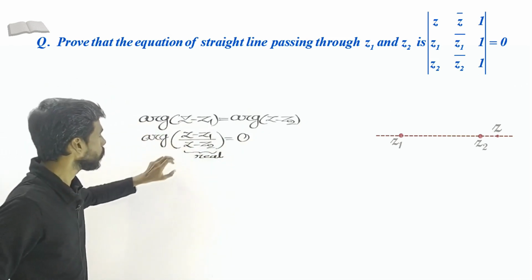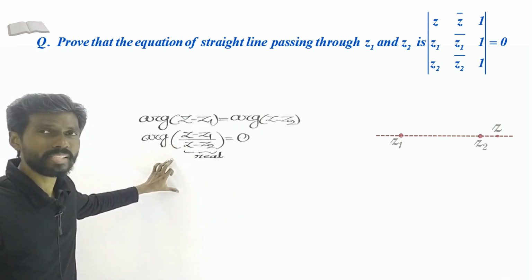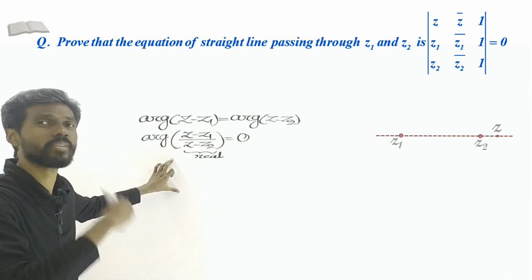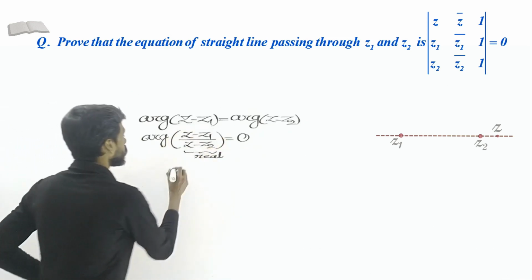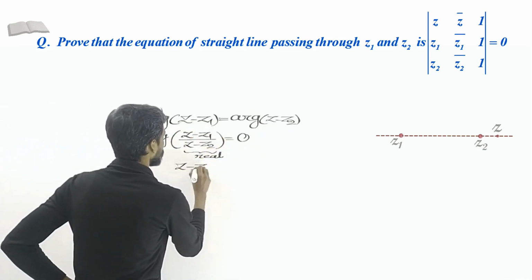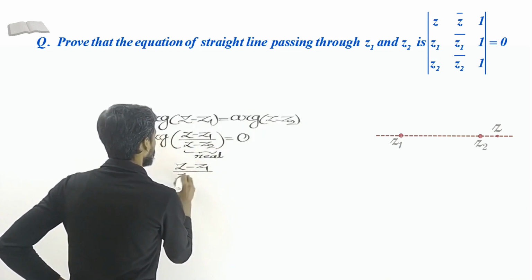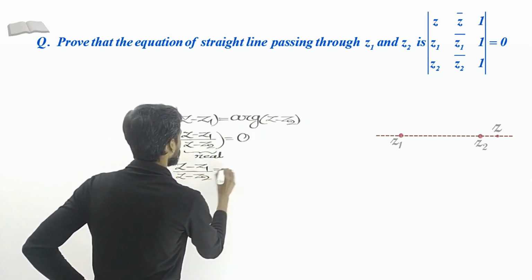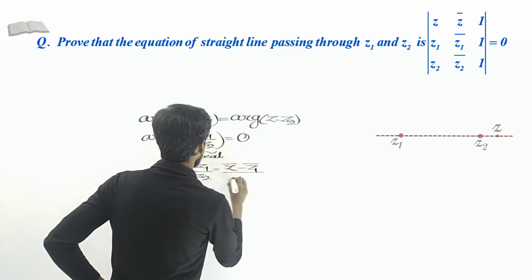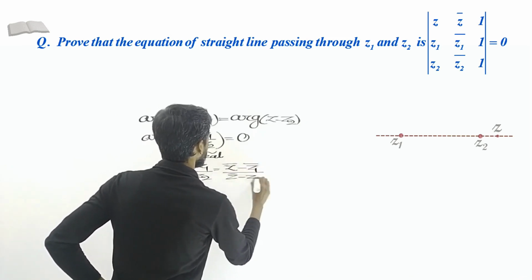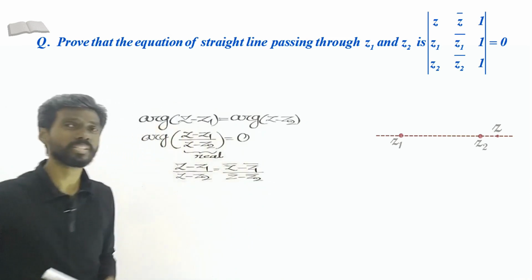For a real number, the imaginary part is 0, or that number equals its conjugate. So (z minus z1) divided by (z minus z2) equals its conjugate, (z bar minus z1 bar) divided by (z bar minus z2 bar). So this is the condition.